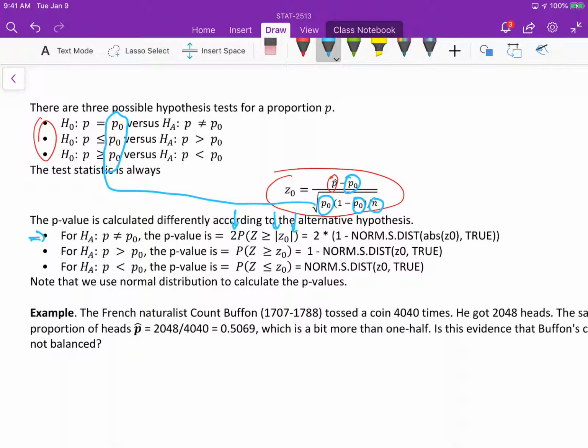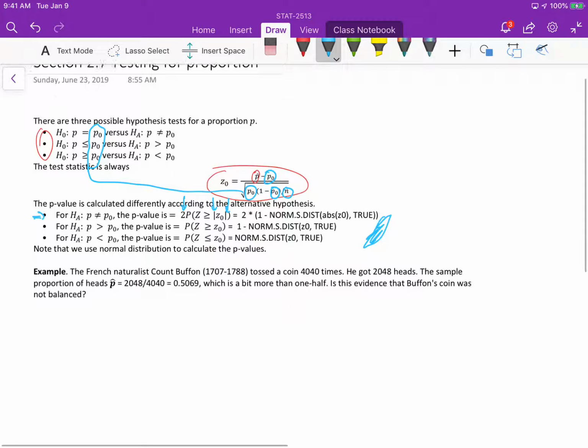If your alternative hypothesis is one-sided, the p-value will be calculated in a different way. Notice there is no way to calculate a p-value by hand, and we have to use Excel. Here I list the Excel functions to calculate the corresponding p-value. So let's check this example.